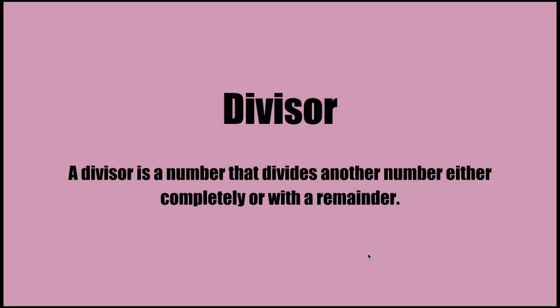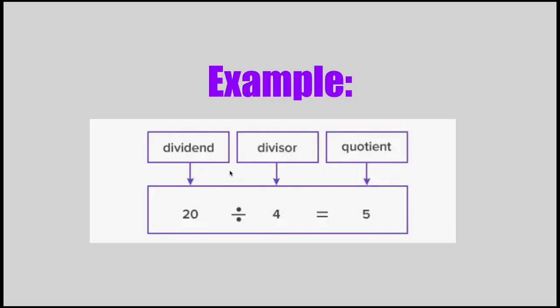The next word that you want to understand is divisor. Your divisor is the number that is dividing or doing the cutting, but it's dividing that larger number into those smaller groups that are equal. So here's an example. A lot of times you see division problems, they can be written in 2 different ways. This here is written with your division symbol.